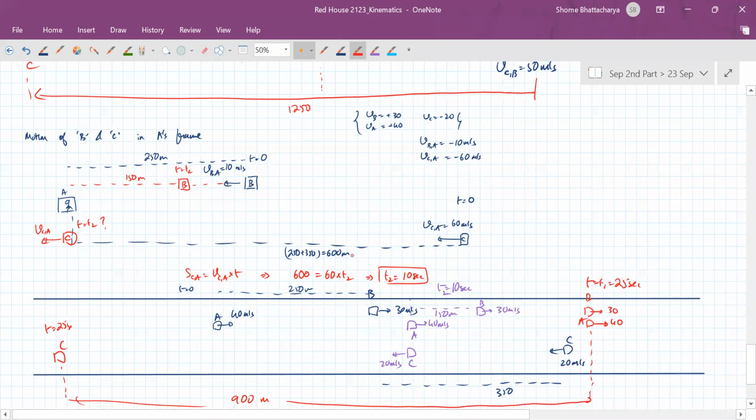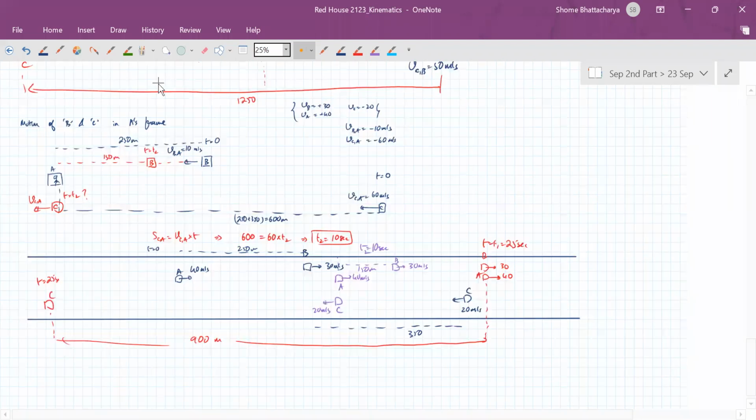So this is what is happening in the ground frame. Just a moment.